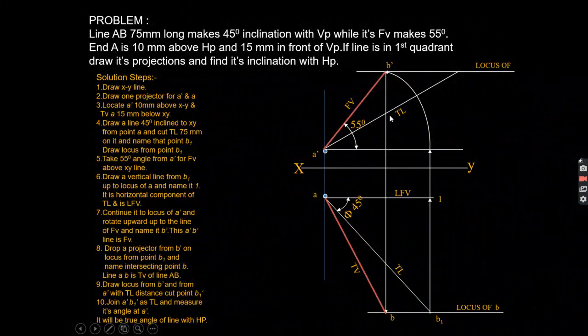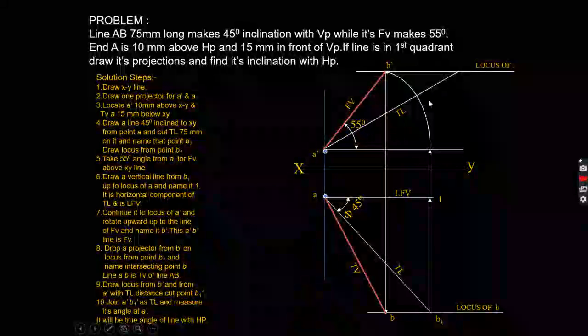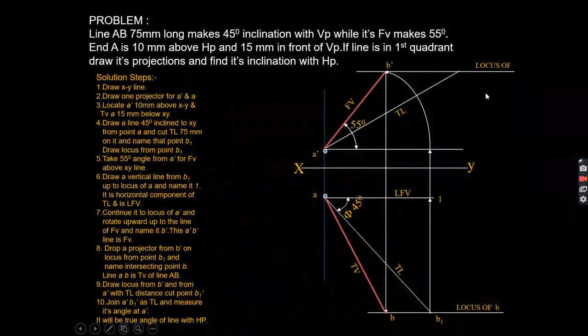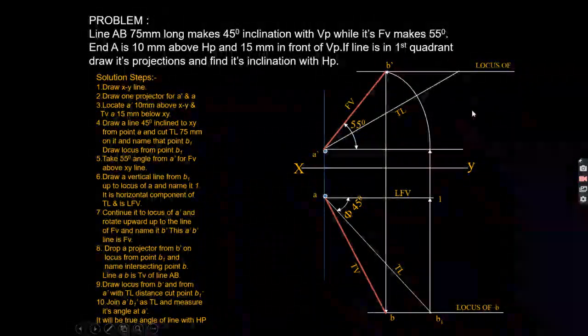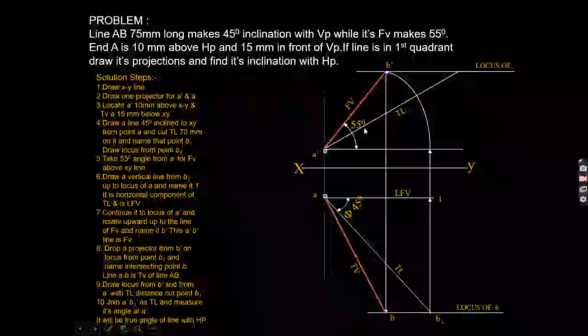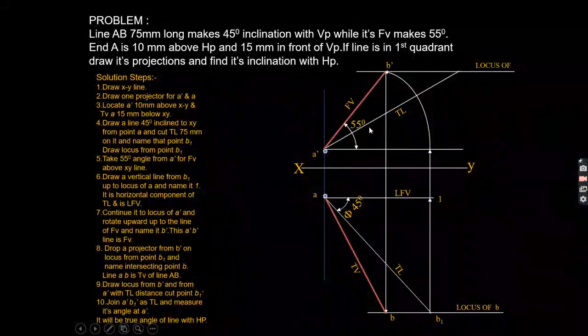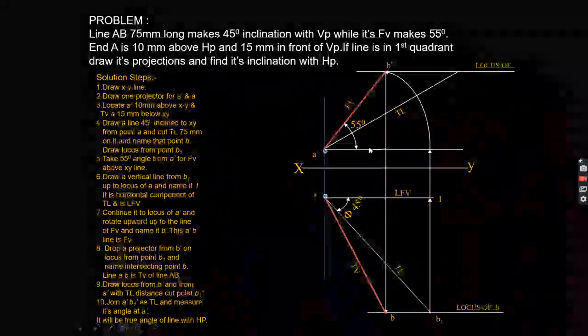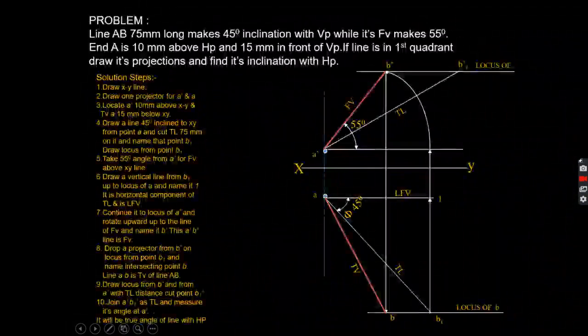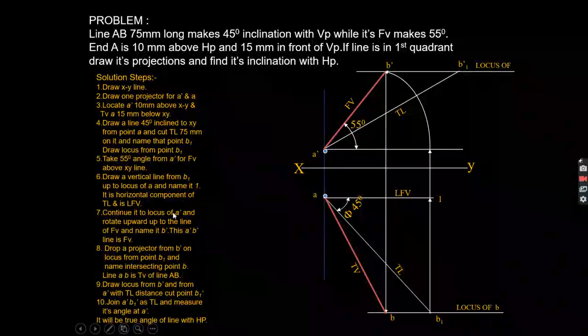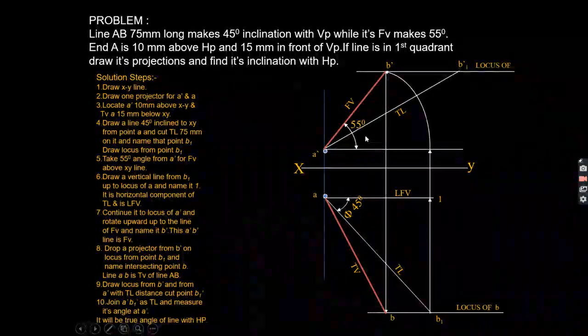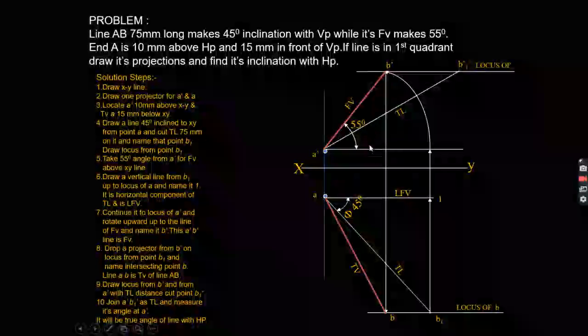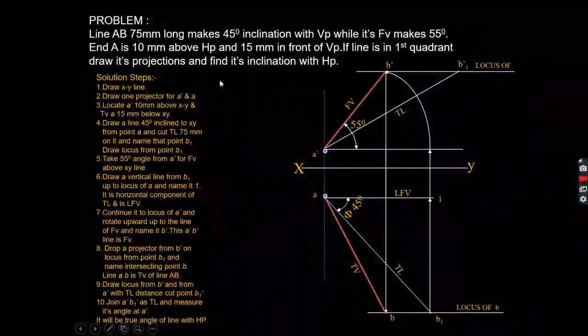You have to draw a line of 75 mm that will cut this horizontal line at some point. Then you will get the inclination of the line from the horizontal plane. So you have to show that inclination also, that is asked in the question.